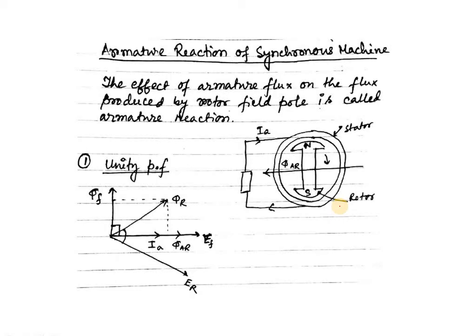In short, the cylindrical rotor is also called the non-salient pole synchronous machine. Now, the analysis of these two machines is basically different, and it will be reflected in their phasor diagrams.